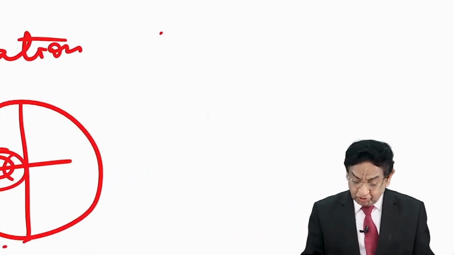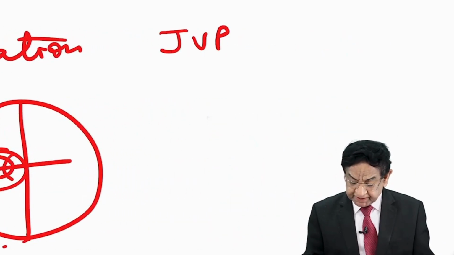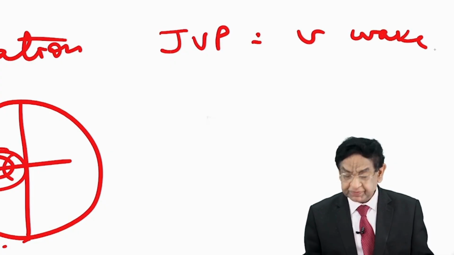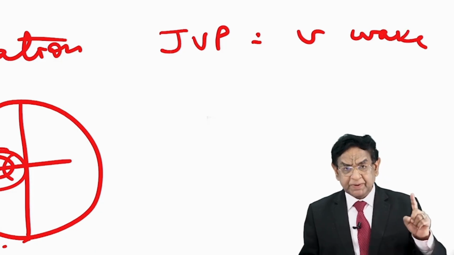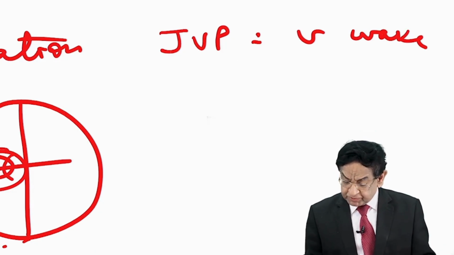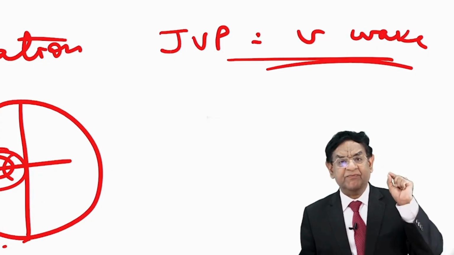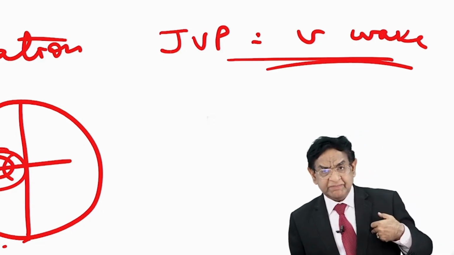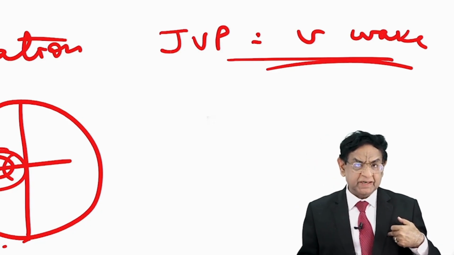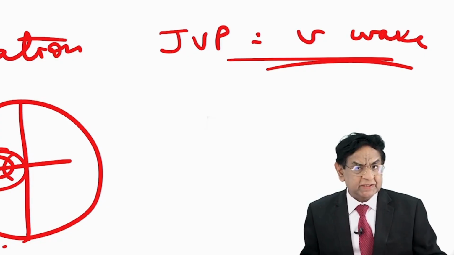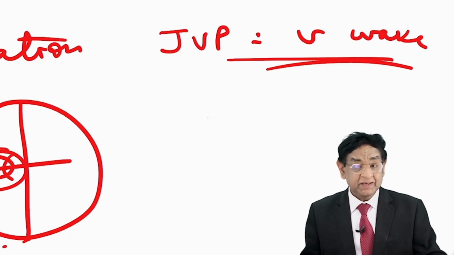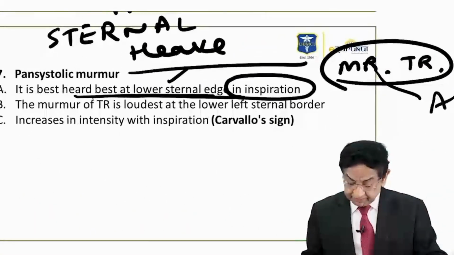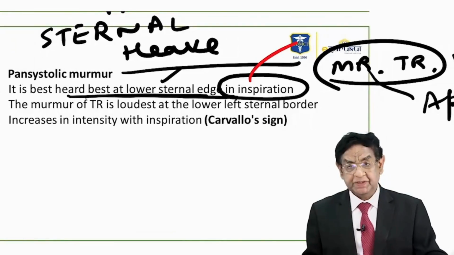Before that, you have already seen the JVP, and you are getting a prominent V wave. Remember, a prominent V wave is a finding we see in TR. We are getting a murmur, maybe near the apex, and you want to confirm it. So in dynamic auscultation, we ask the patient to take a deep inspiration.